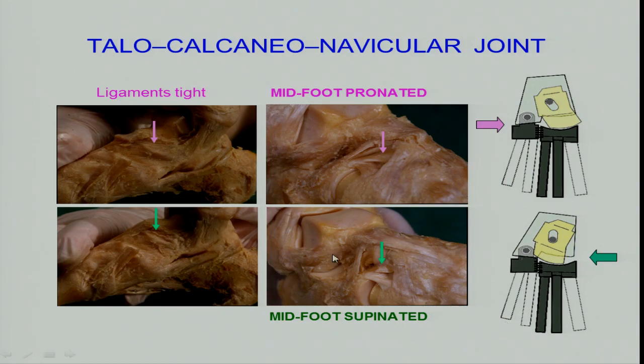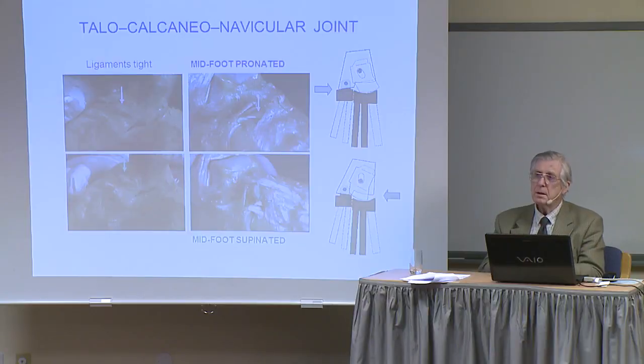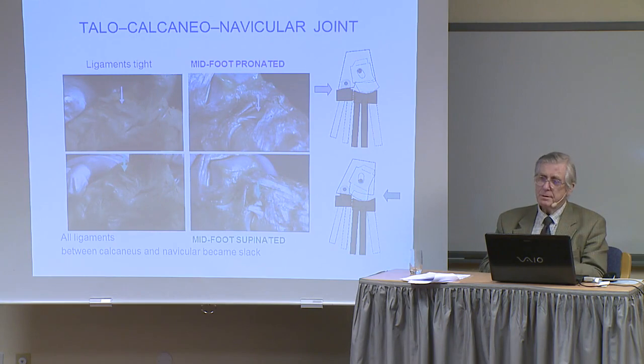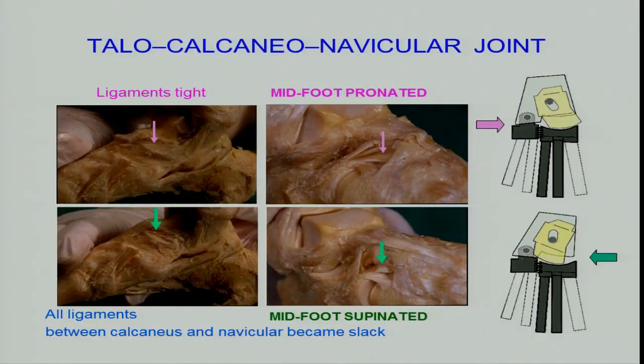When there was outward angulation and the nutcracker effect came in, the navicular moved nearer the calcaneus and the sustentaculum tali, so all the ligaments going between those two bones became slack. And then, of course, the penny dropped. They were slack because we were looking at a specimen in an unweight-bearing position.